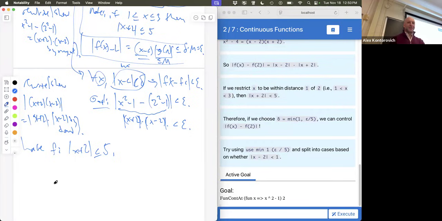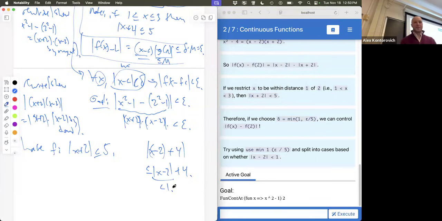Let's do your way. So your way says, if I understand correctly, x plus 2 is x minus 2 plus 4. And this is at most absolute value of x minus 2 plus 4. And x minus 2 we know is less than 1.